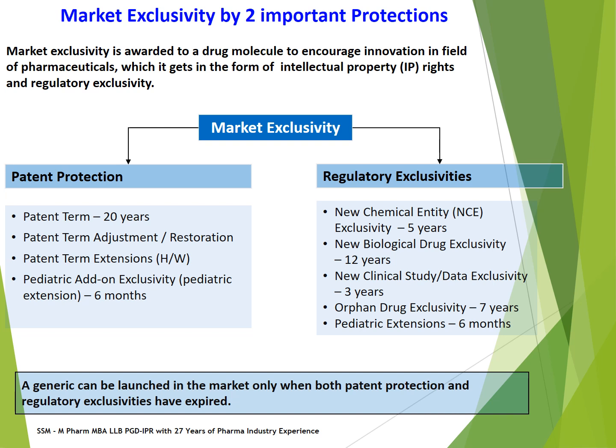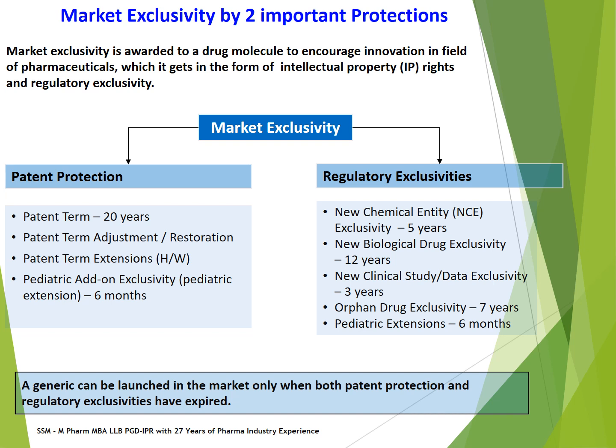The next type of regulatory exclusivity is orphan drug exclusivity. Orphan drug exclusivity is for those indications which are orphan or rare indications. So an orphan or rare indication is an indication for which there are very few patients, and there is a definition in US for orphan disease or orphan indication.